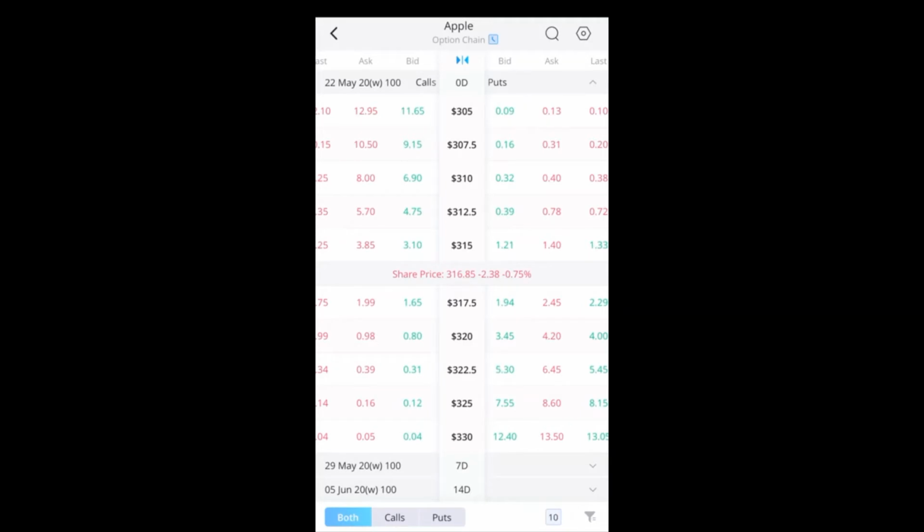That way, as the stock is going down, you're actually making money on the option trade while your Apple stock is lowering in value. And then if it were to go down to $305, as I used in the example, you didn't have the right to purchase the stock at $305, but you also made money while it was dropping down instead of just losing money on the stock that you already own.